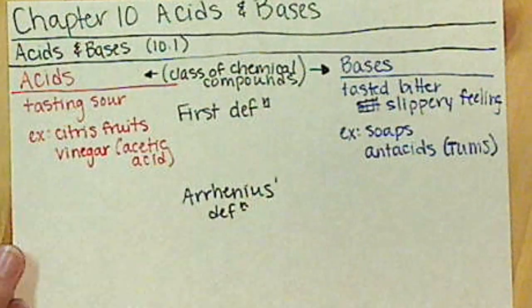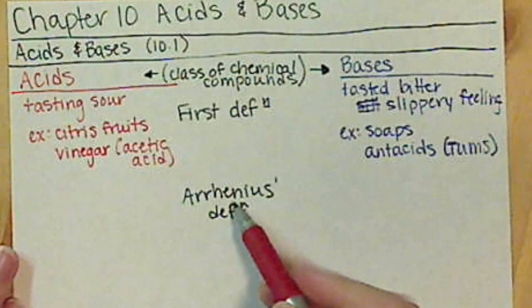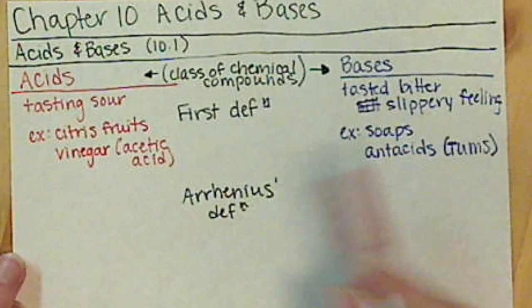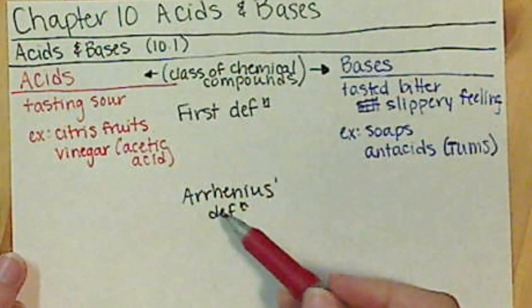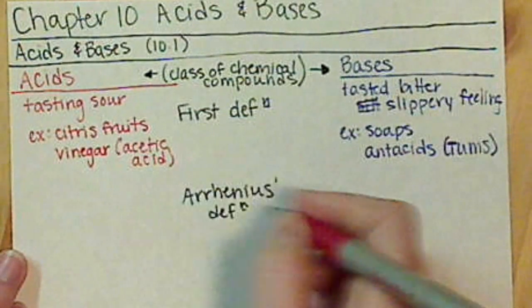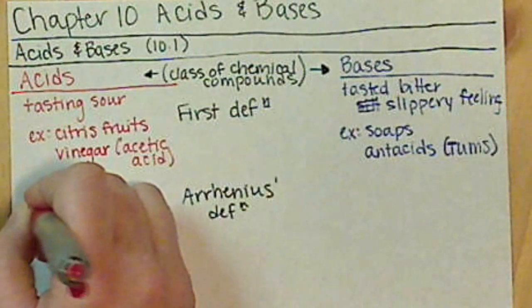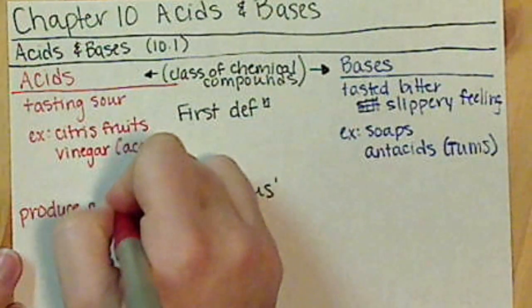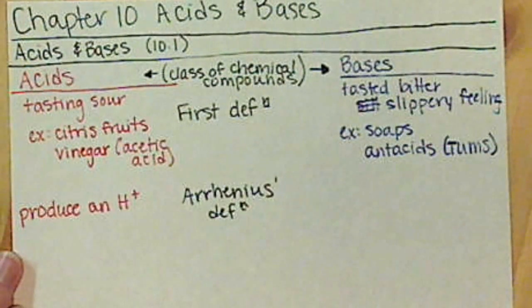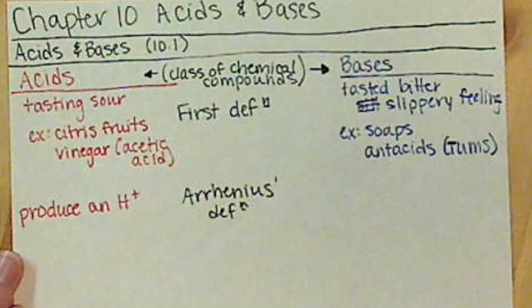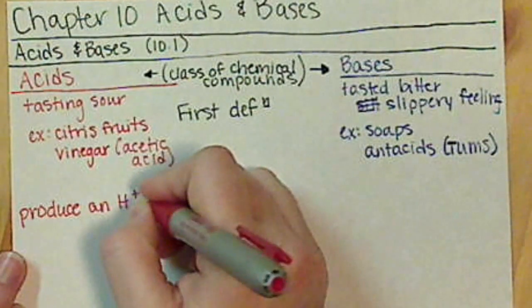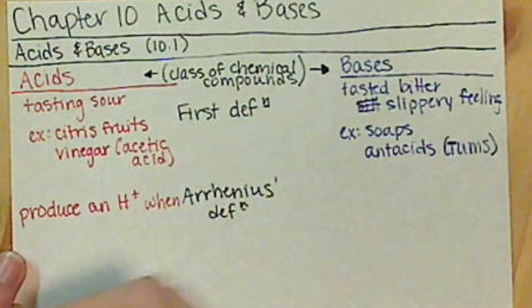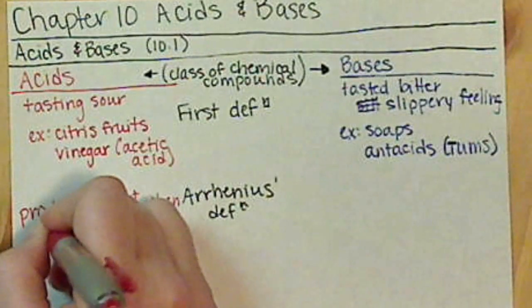So he looked at the formulas of what acidic compounds looked like and what basic compounds looked like. And he determined that acids are going to produce an H plus, which we call a proton, when dissolved in water.